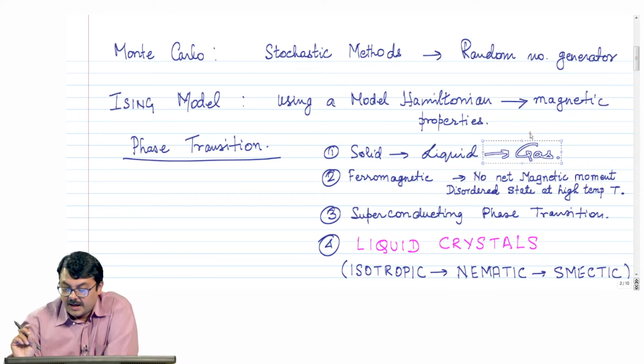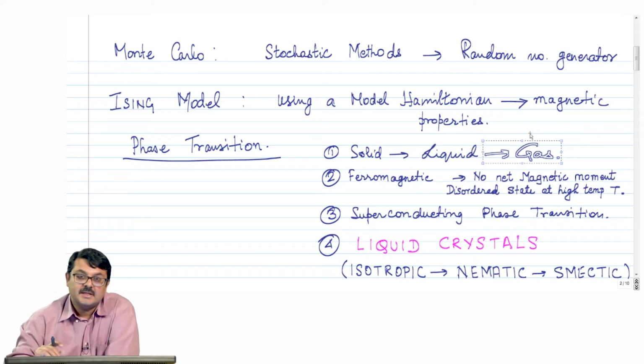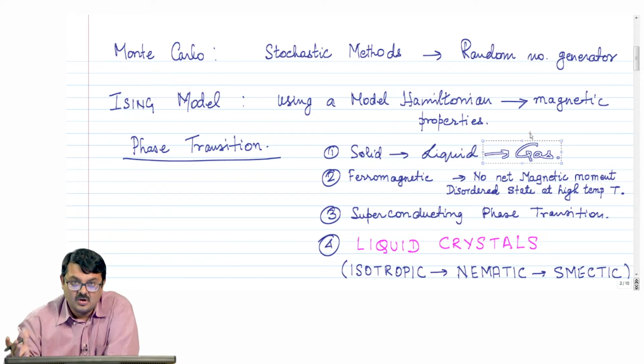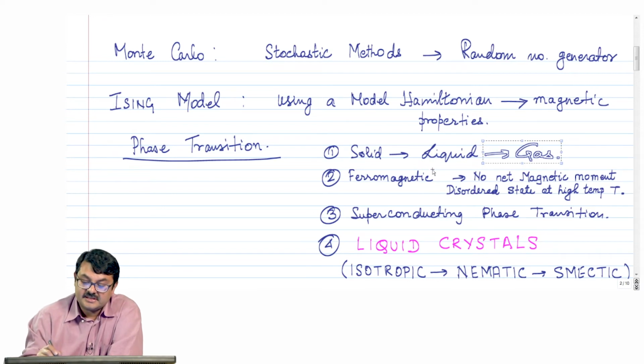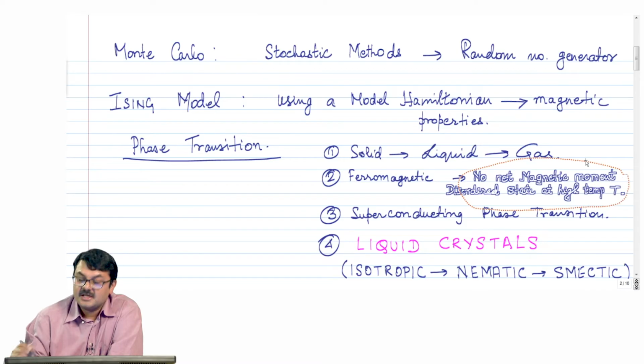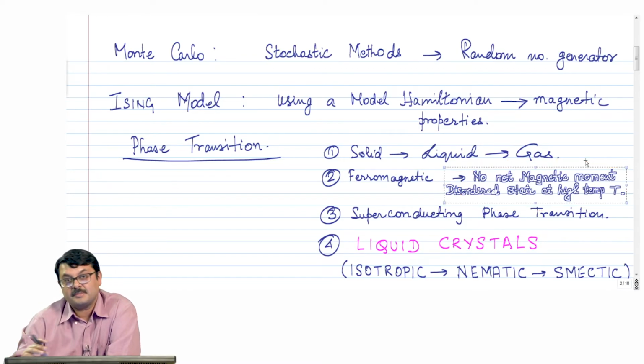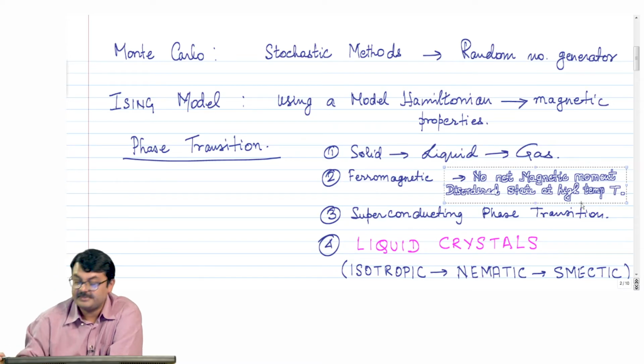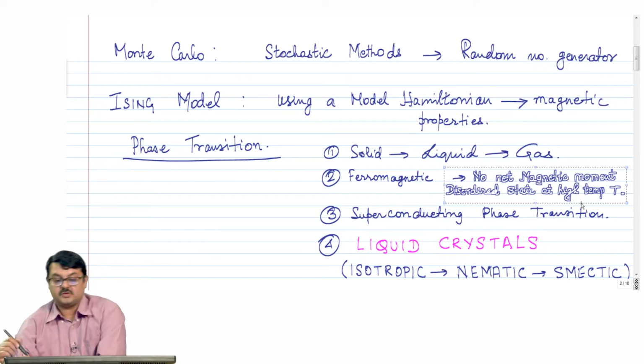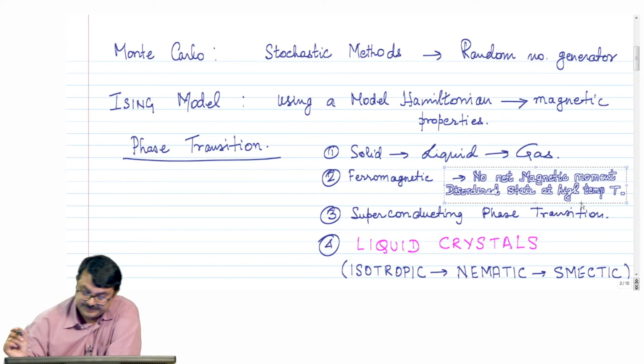If you increase the temperature beyond a certain critical temperature, the magnetized state of that iron is lost. Again, when you increase the temperature, there is a phase transition from the ferromagnetic state to a high temperature state where there is no net magnetic moment. Microscopically, the spins or magnetic moments point in all possible directions at high temperature, and how and why that happens is what we shall be exploring through our Ising model simulations.